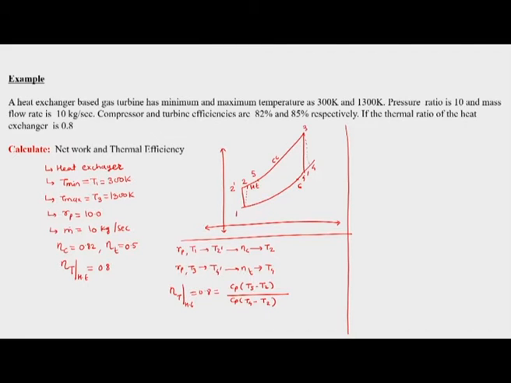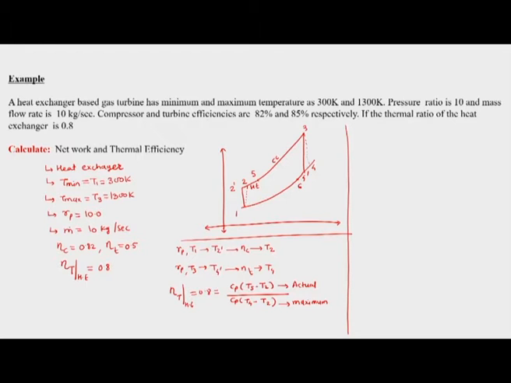We have seen that if we had an ideal turbine and compressor, then we should have T5 equal to T4, and T6 equal to T2.